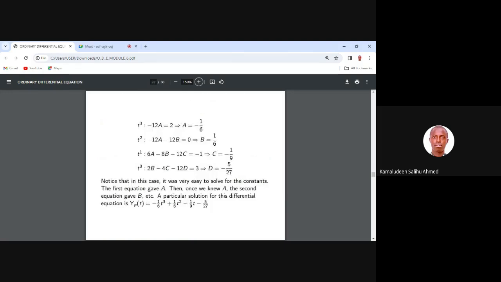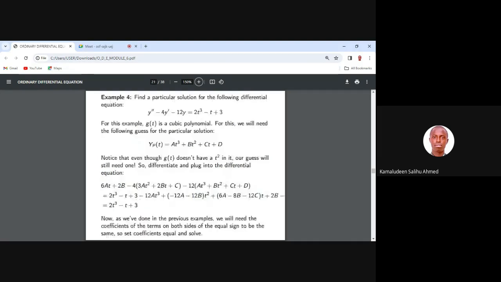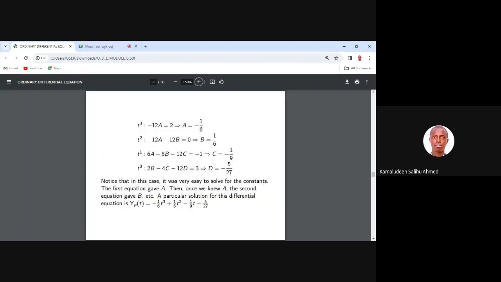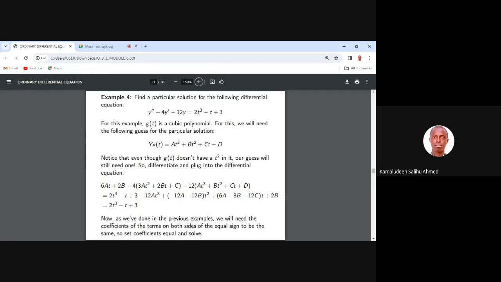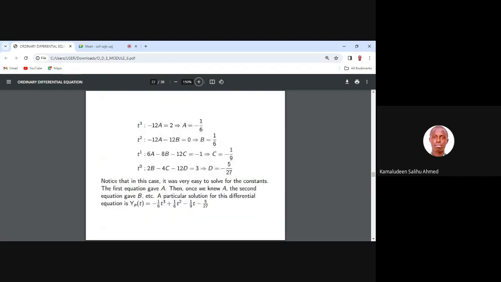For t cube, minus 12A is only what we are left with. So minus 12A is equal to, going back here, the t cube has a coefficient of what? 2. So you have to equate it to that, which is here.